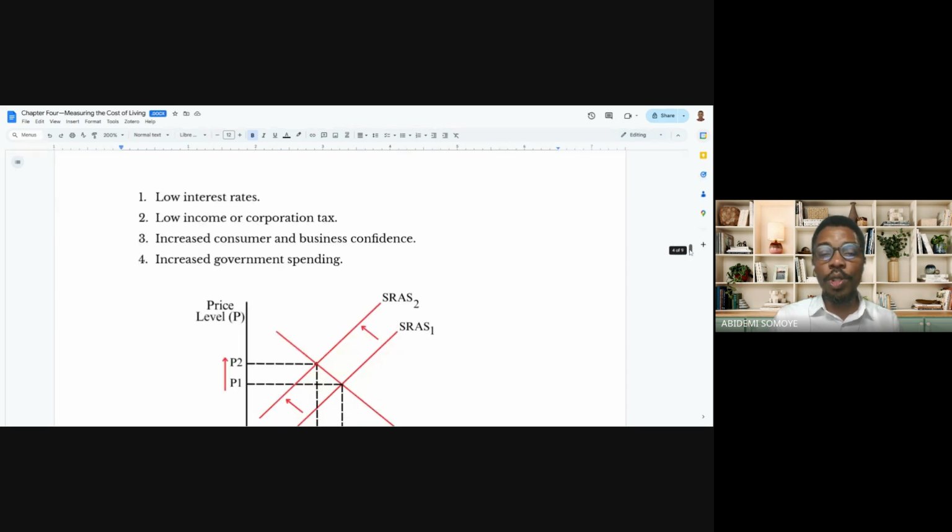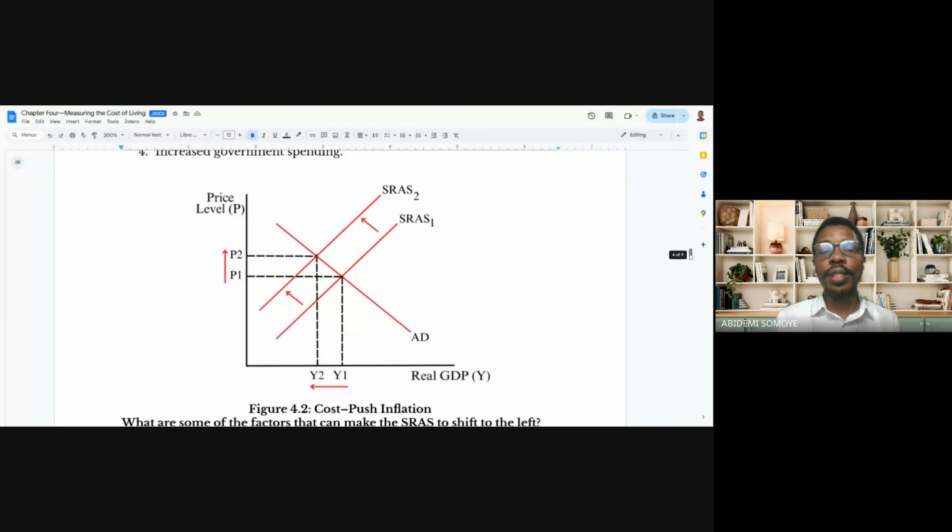What about cost push? For cost push, the short-run aggregate supply is going to move to the left. If it moves to the left, the price of goods and services will rise and real GDP will fall. Because if the prices of inputs, what businesses use in producing goods and services, rise, what do you think the businesses would do?